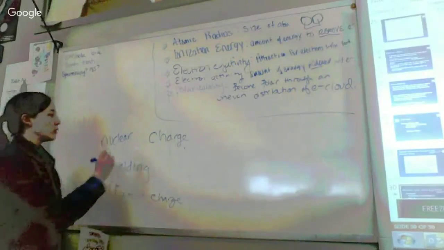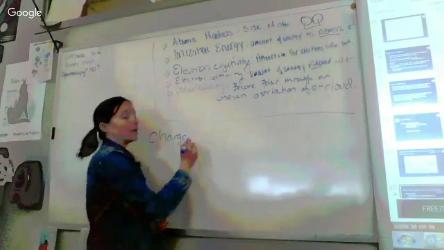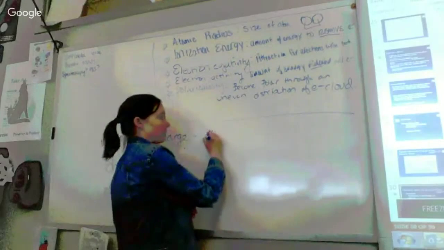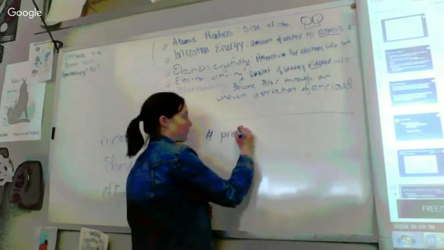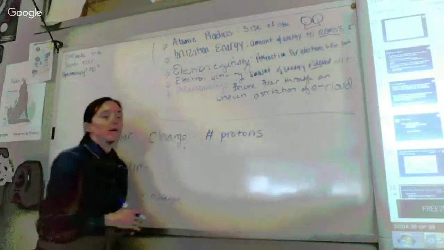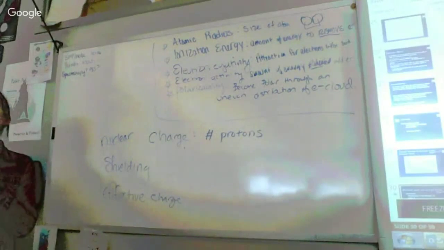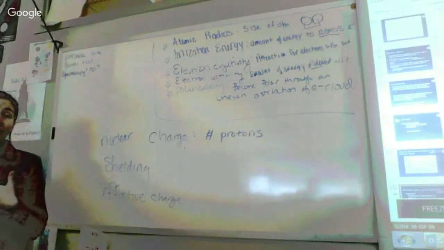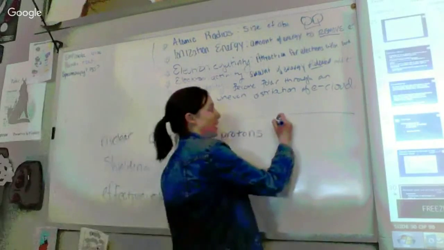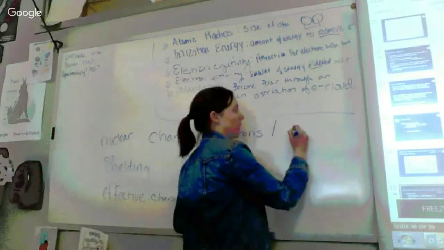So remember that your nuclear charge is going to be based on the number of protons. And so that's just going to be the positives that are in the center of your atom, and it's going to dictate a lot of the way your atoms behave, because this is how many positive charges you have, right?